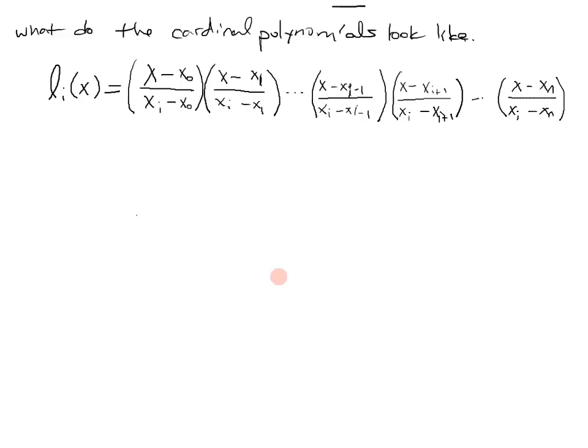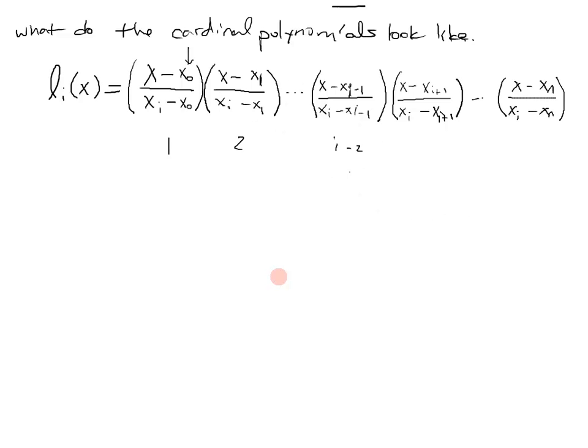Now, what degree polynomial is this? Okay, count how many x's you have. You have 1, 2. Now, how far have we gotten when we get to this point? The first one had a 0, so it's actually 1 more than the index.